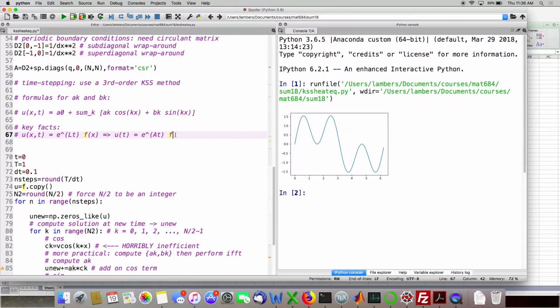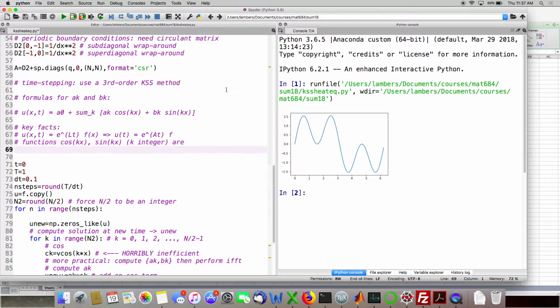So that's one thing that we use. The other thing is that the functions cosine kx, sine kx, where k is an integer, are orthogonal on the interval 0 to 2 pi.